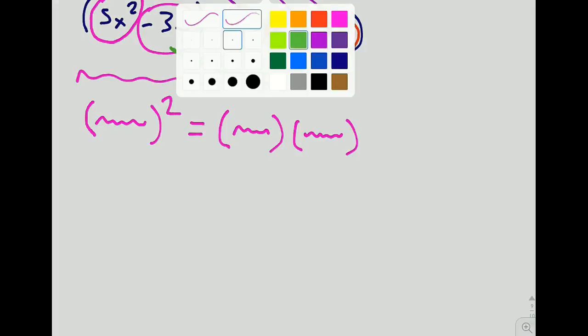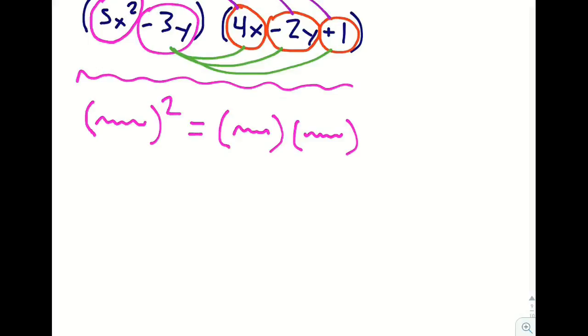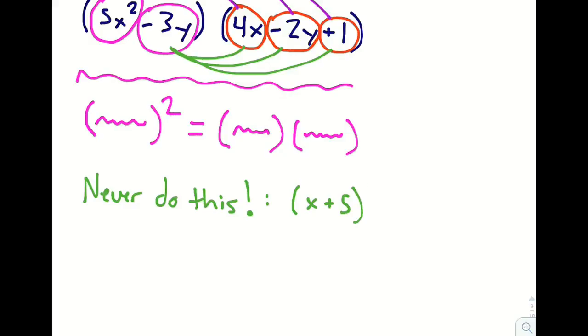What we typically like to do, I'm going to use an example now with numbers, and write in front, never do this. Where we have something like, let's say x plus 5 squared.